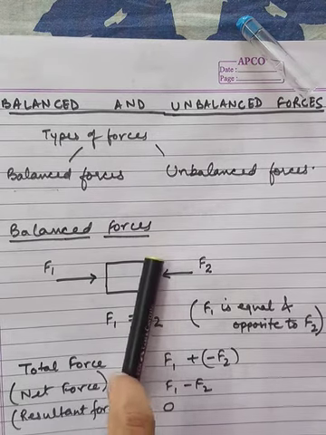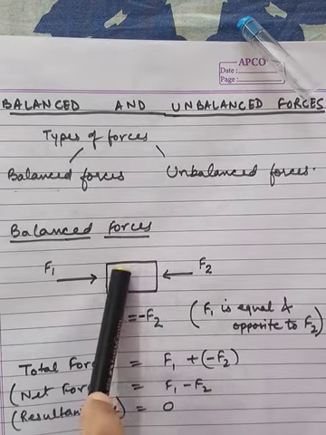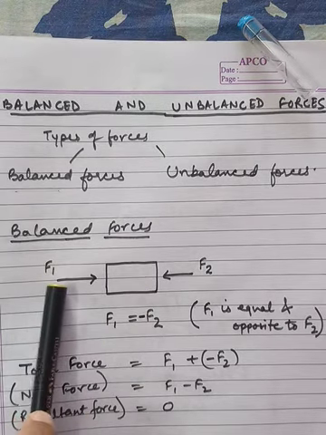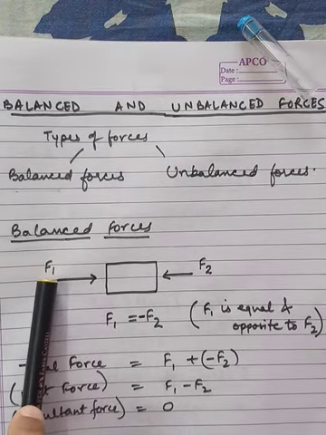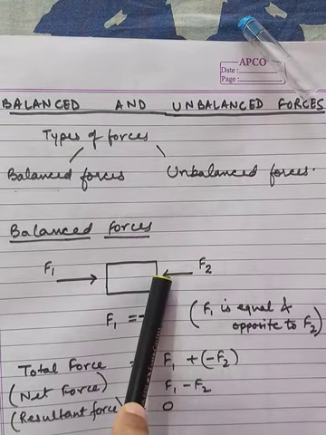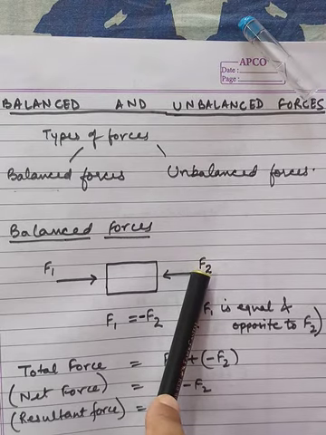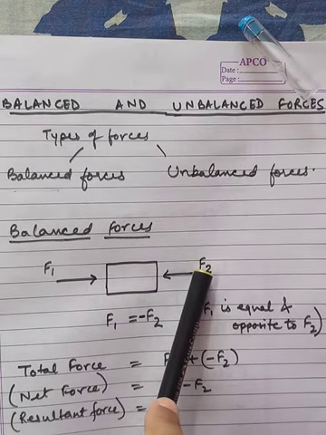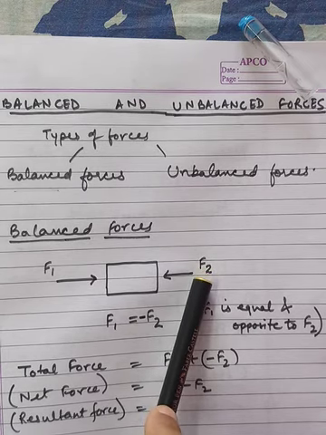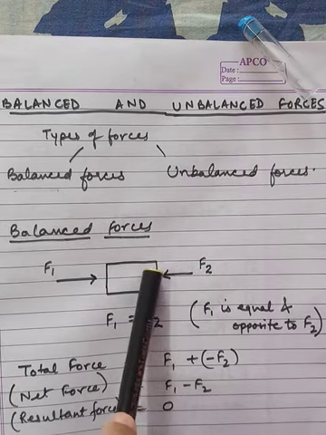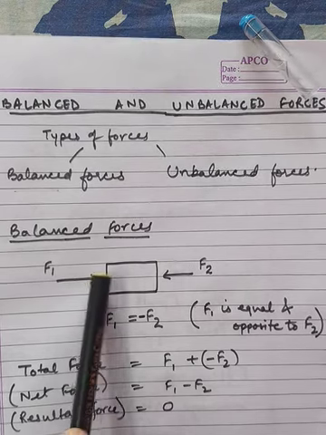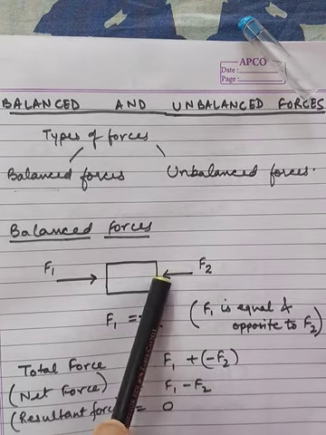So let's consider, for understanding, a rectangular box on which a force in this direction is acting, which is F1, and a force in this direction is acting, which is F2. If F1 and F2 are equal, then what will happen? Then the object will not be able to move, because F1 is acting in this direction and F2 is in the opposite direction.